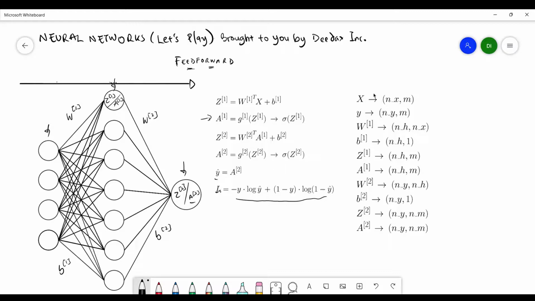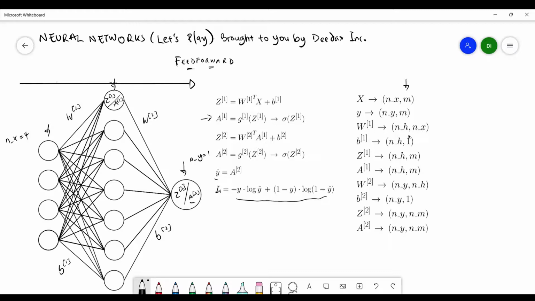All right, so a quick look at the shape of these vectors and matrices. X is nx by m, where m is the number of examples that we have in our training set. And nx in our case would be 4, because 1, 2, 3, 4. Ny would be 1, so Y is 1 by m.